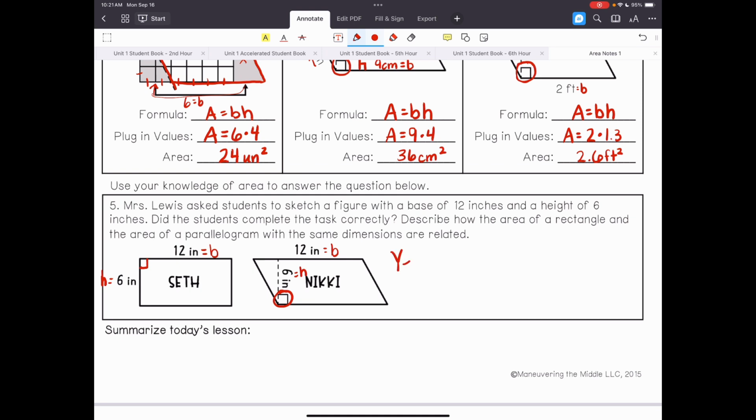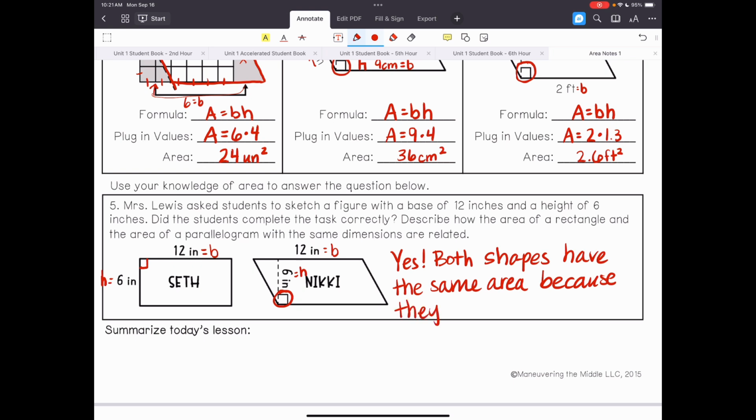So yes, both shapes have the same area because they use the formula area equals base times height.